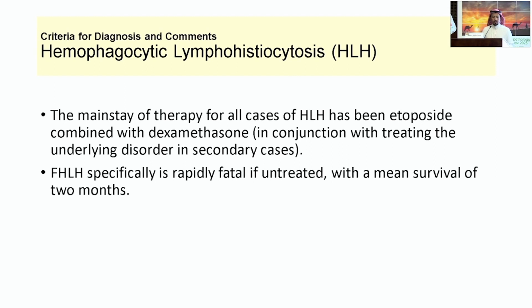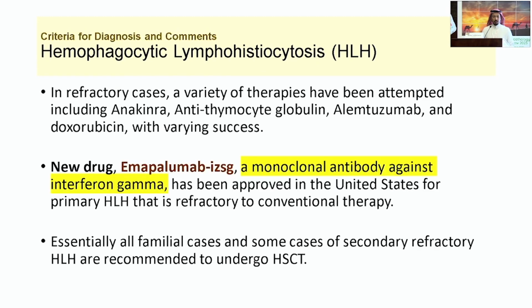Familial HLH is rapidly fatal if untreated, as we mentioned before. There is some targeted therapy that has been introduced recently. It's actually a monoclonal antibody against interferon gamma. This targeted therapy has been approved by the FDA for refractory conditions and primary HLH.